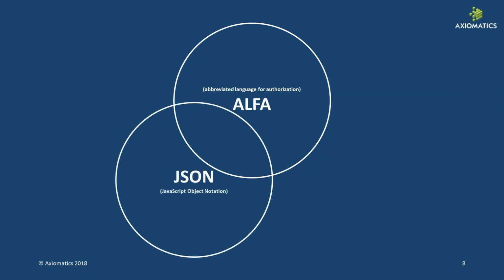But the second part here is JSON. So it's along the same lines, right, Jonas? ALFA is like a human readable version of XACML XML. Well, JSON is also a human readable version of the request and response. Exactly. I mean, because otherwise, the alternative that we look at is usually XML, right?